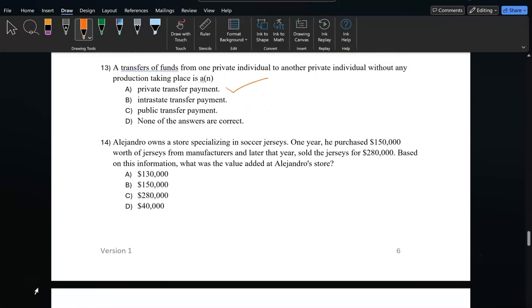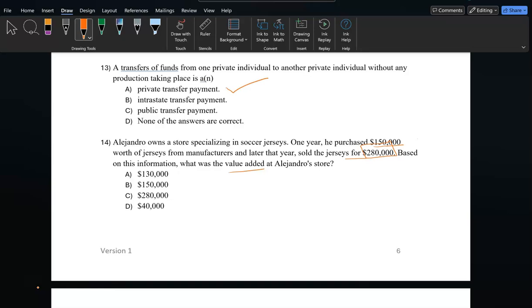Okay, moving on to question 14. This one says Alejandro owns a store specializing in soccer jerseys. He purchased 150,000 worth of jerseys and he sold the jerseys for 280,000. It's not asking for the final value or the total value added.